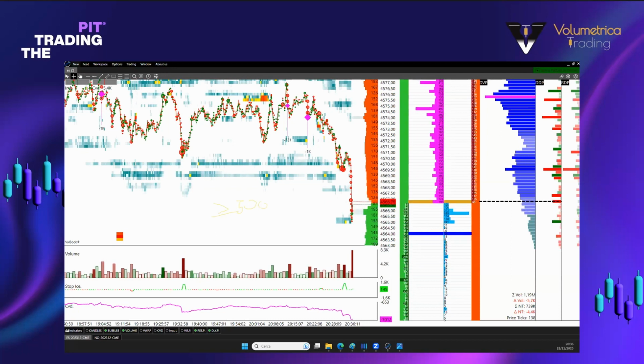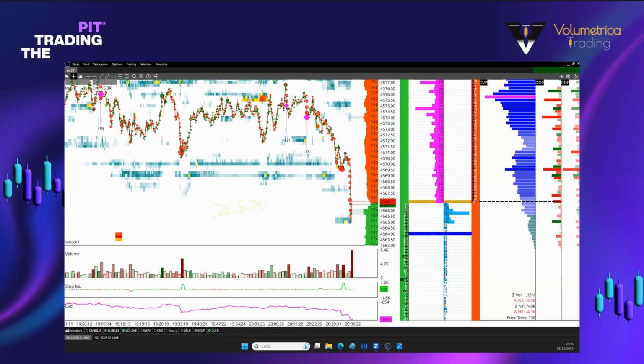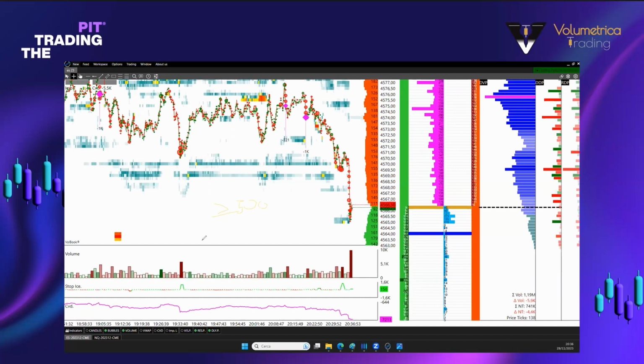Of course, if we want to find a threshold for thinner markets, like for example the Nasdaq, we have to go lower. The thinner a market is, the fewer contracts we need in the iceberg in order to affect the market. For example, for the Nasdaq, 150 is enough. So that's for the ES, that's for the NQ.